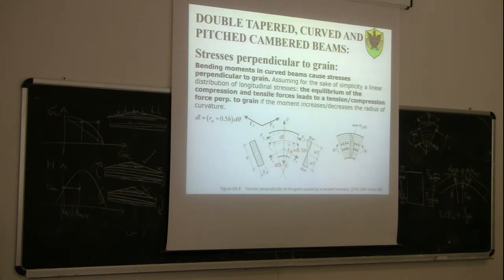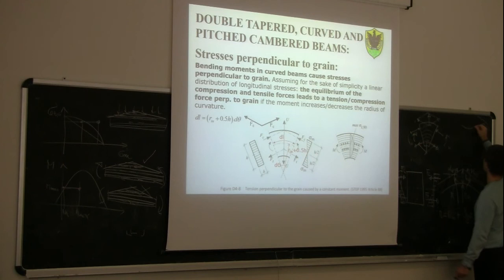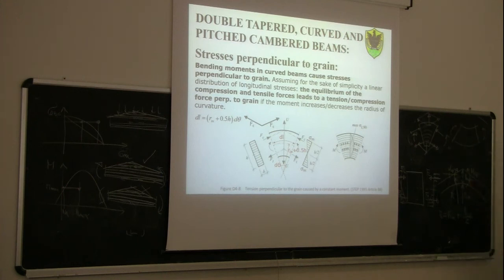This direction would be... Yes. So in the end, now we have compression perpendicular to the grain, whereas the other case was tension perpendicular to the grain. And obviously, if you have a positive bending moment, but on a beam like this, this would be again compression.